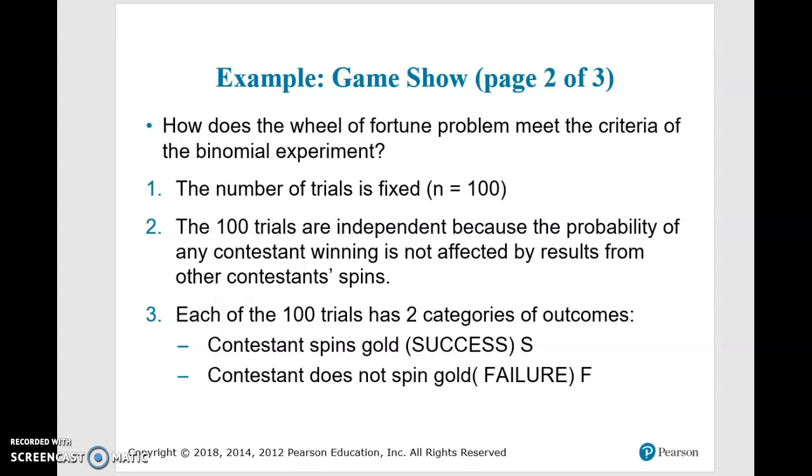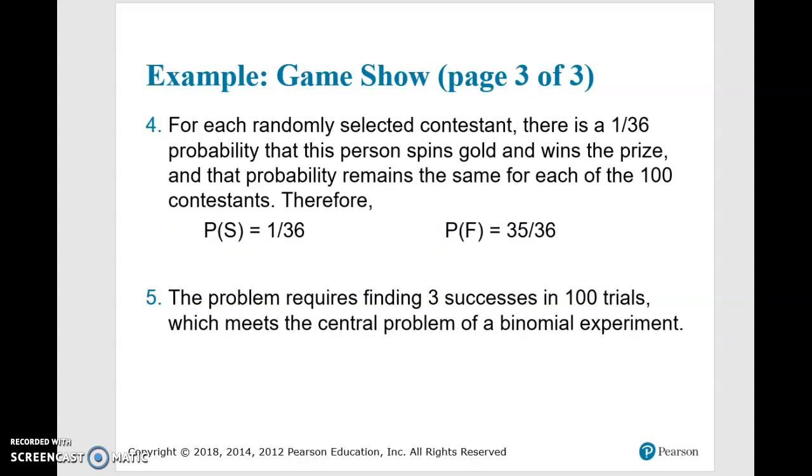The contestant could spin gold, that would be a success. We'll label that S. The contestant does not spin gold, that would be a failure. We'll label that F. And step 4, for each randomly selected contestant, there's a 1 in 36 probability that this person spins gold and wins a prize. And that probability remains the same for each of the 100 contestants.